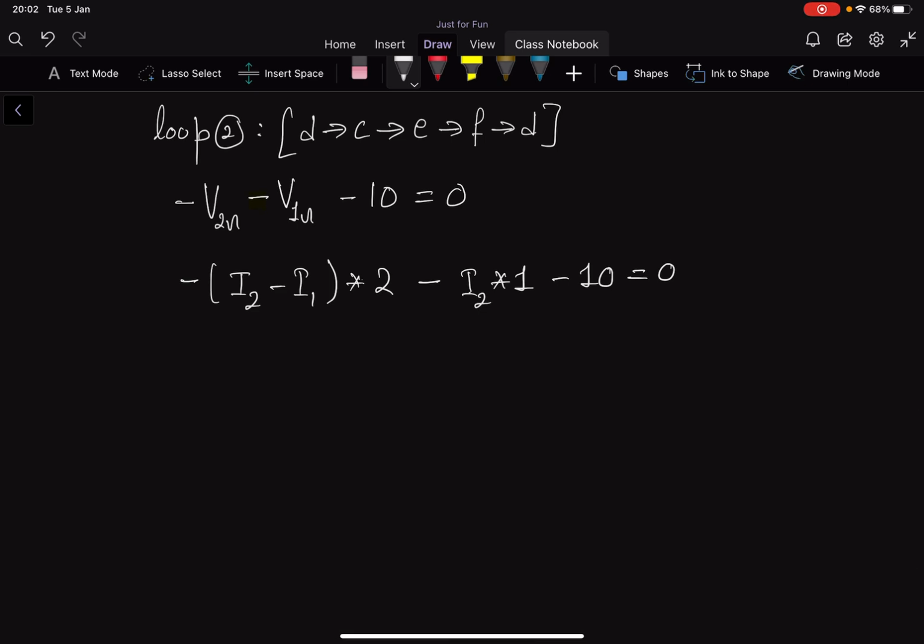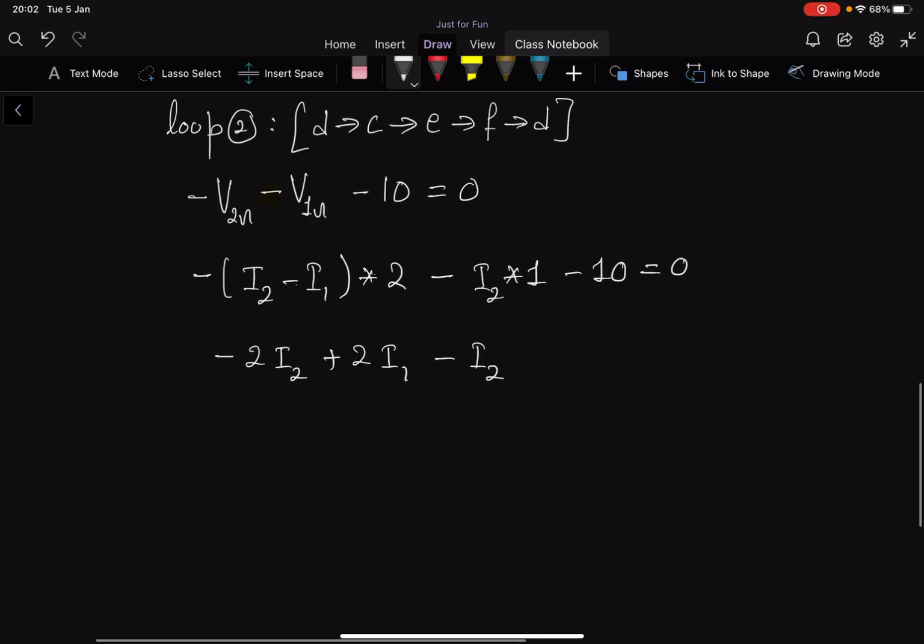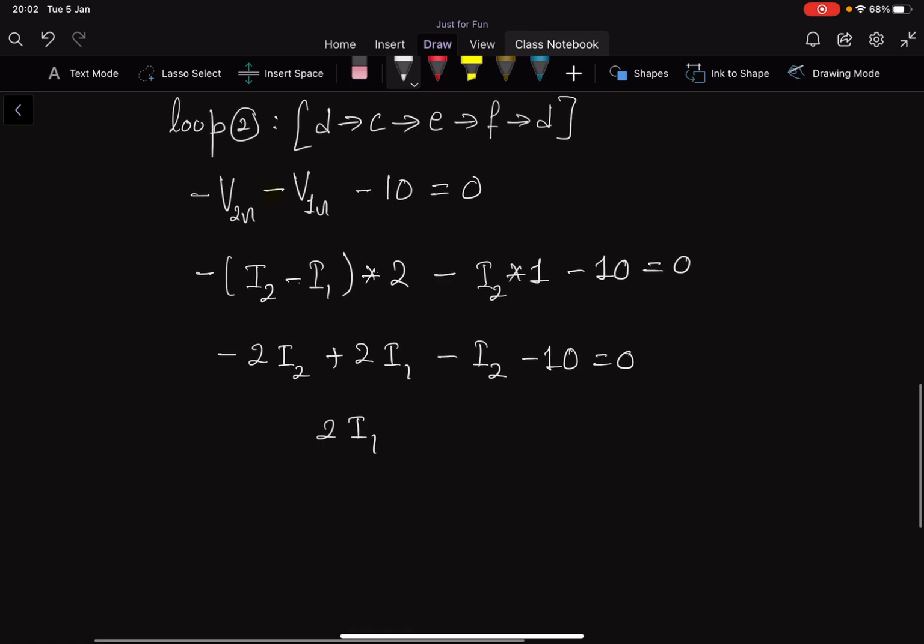We get minus 2I2, plus, this is minus times minus, plus 2I1, minus I2, because 1 times I2 is I2, minus 10 equals 0. Let's simplify this further. We get 2I1, and this is also minus, minus 3I2 equals 10. And this is our equation 2.